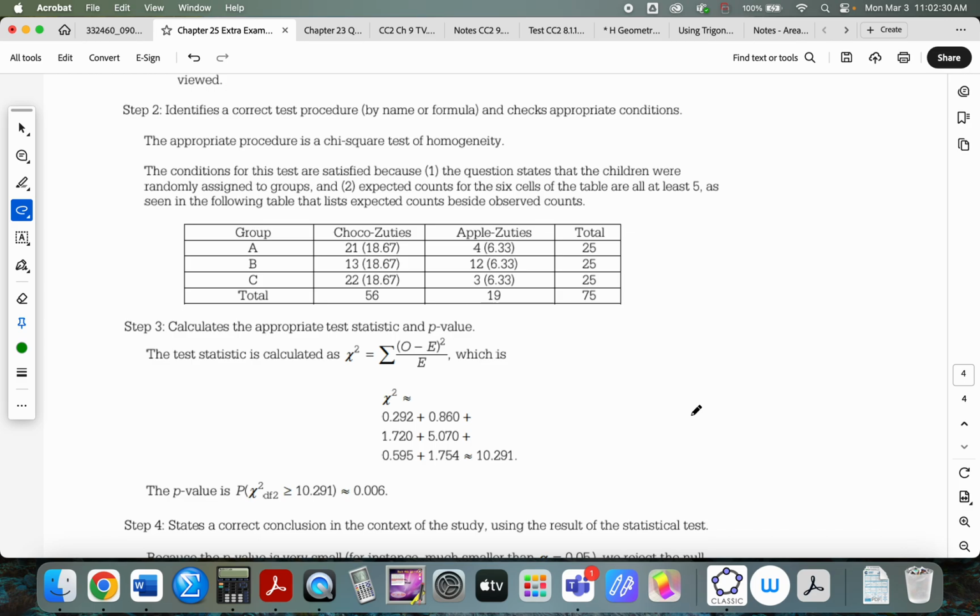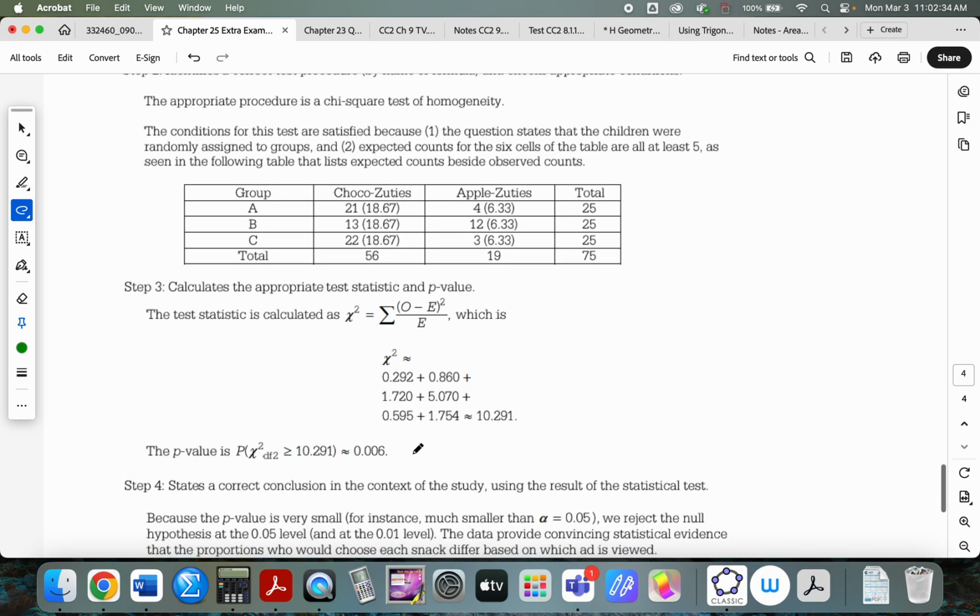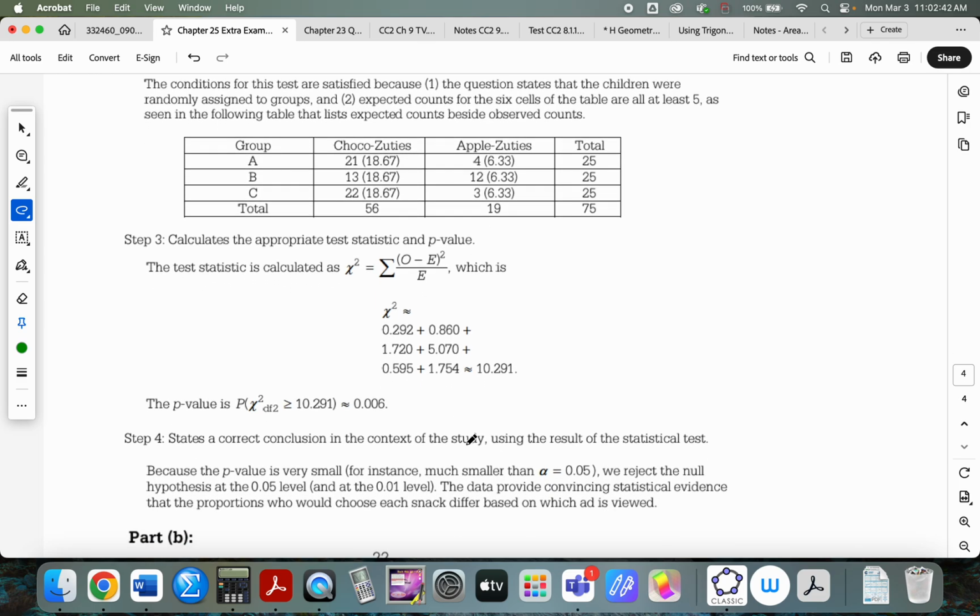So this has 2 degrees of freedom, and the p-value is 0.006. So a very low p-value. Because the p-value is very small, we reject the null hypothesis, and the data provide convincing statistical evidence that the proportions who would choose each snack differ based on which ad is viewed.